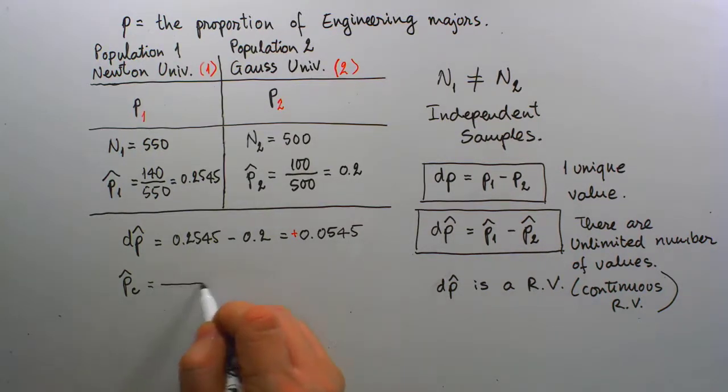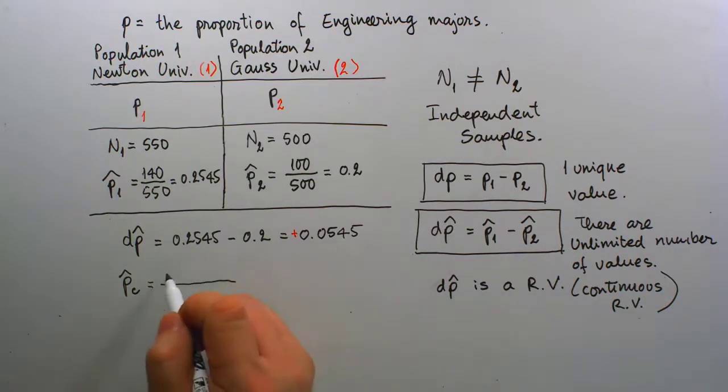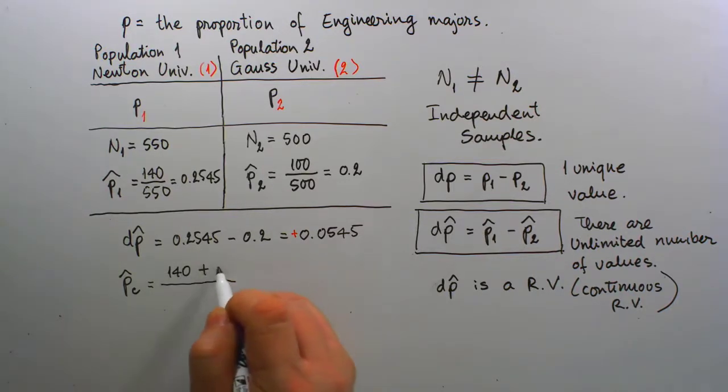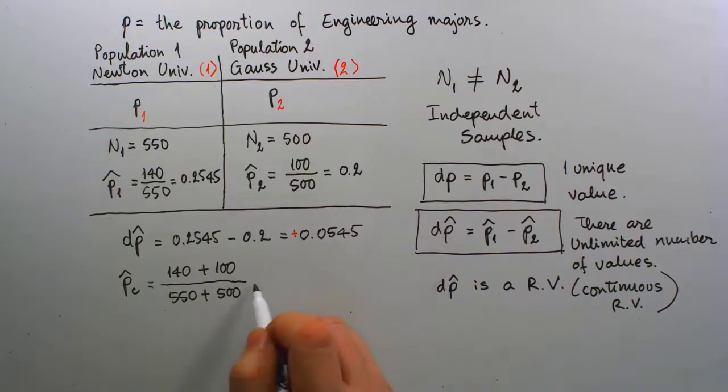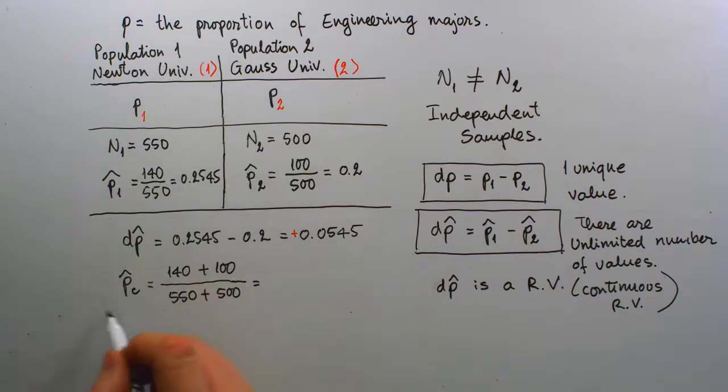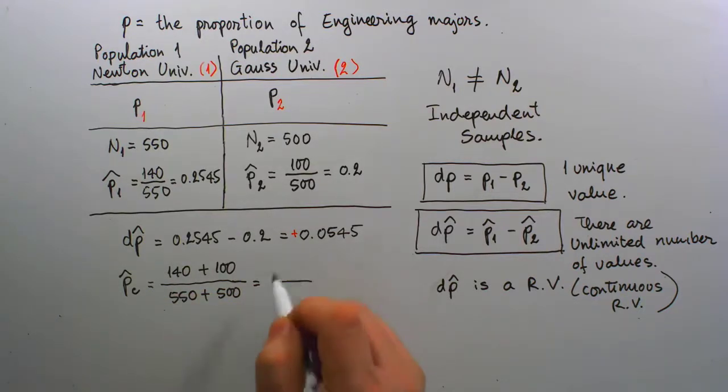With the actual values plugged in, we're looking at 140 totaled up with 100, all divided by 550 totaled up with 500 in the denominator. So our combined sample proportion turns out to be 240 out of 1050.